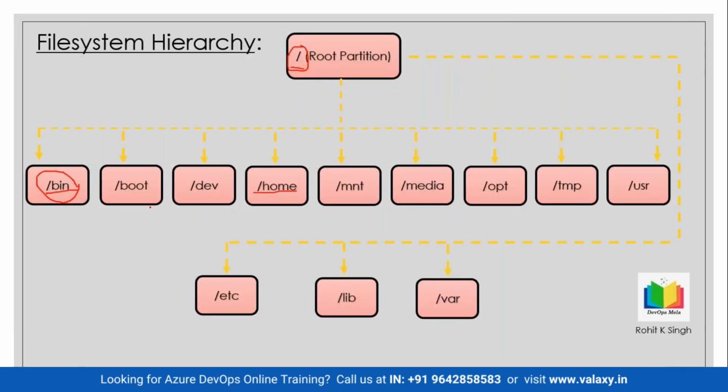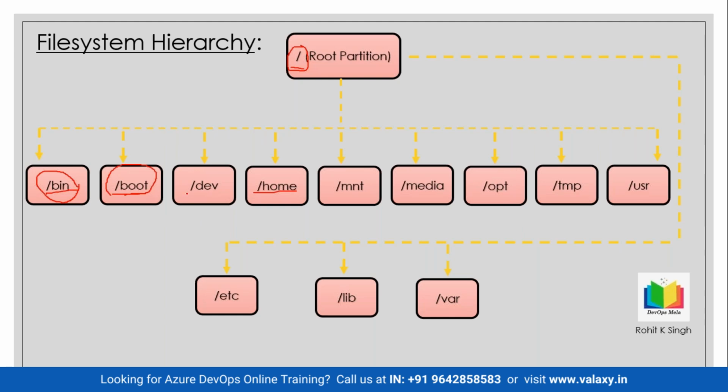Now followed by the boot. The boot partition basically contains files for booting the system. So in order to boot your system, all your important kernel and OS related files are kept over here. Okay, so this is where your files are booted.